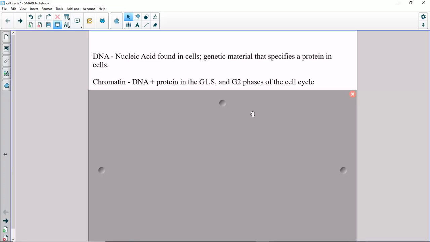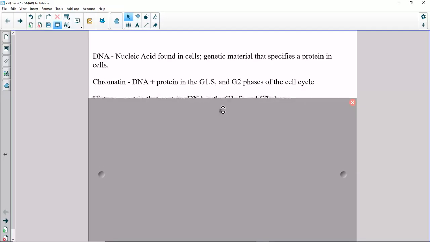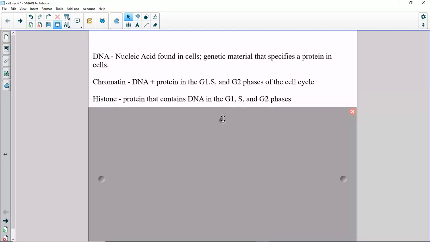Basically, it's everything in the cell cycle except when the DNA is ready to undergo mitosis. So the whole life cycle of the cell except for when it's ready to divide. What is a histone? That's the protein that has the DNA wrapped around it. A histone is a classification of protein. Again, it's not the biggest deal.